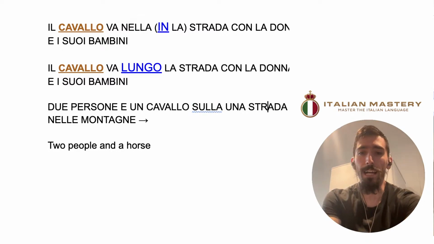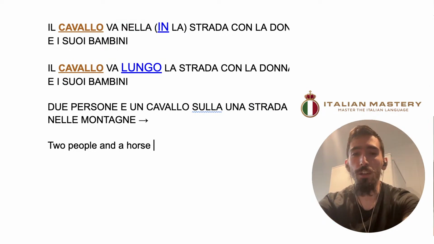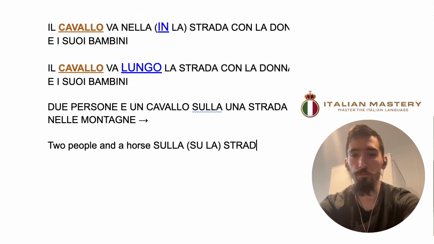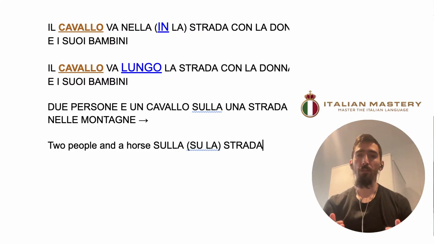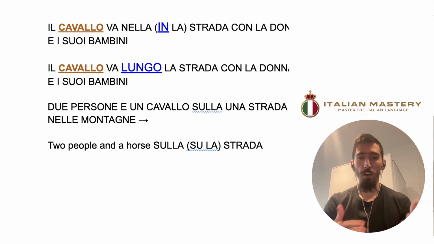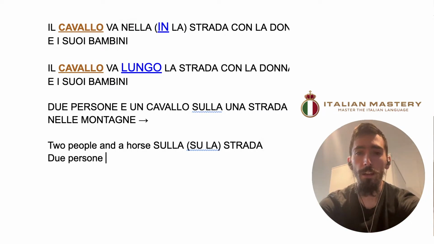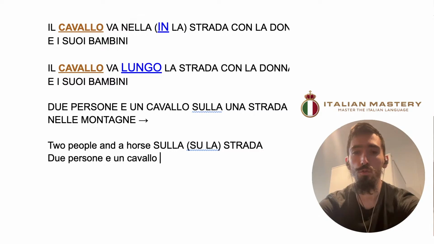Sulla una strada. Okay, so here there's an issue. Either you say sulla, which means on the street or road, right? On the road. Due persone e un cavallo sulla strada.